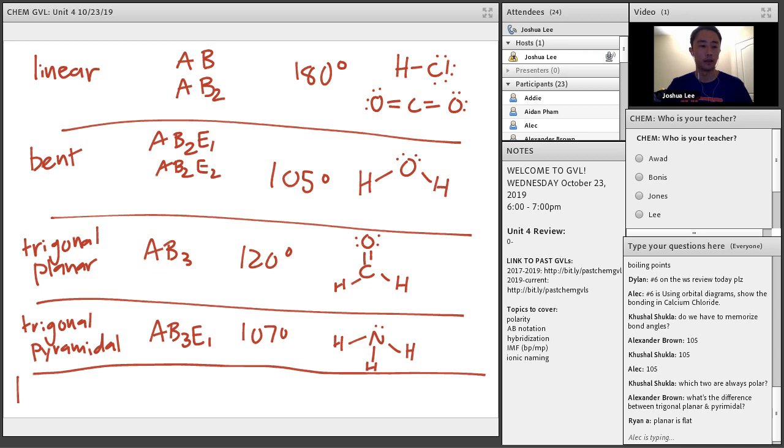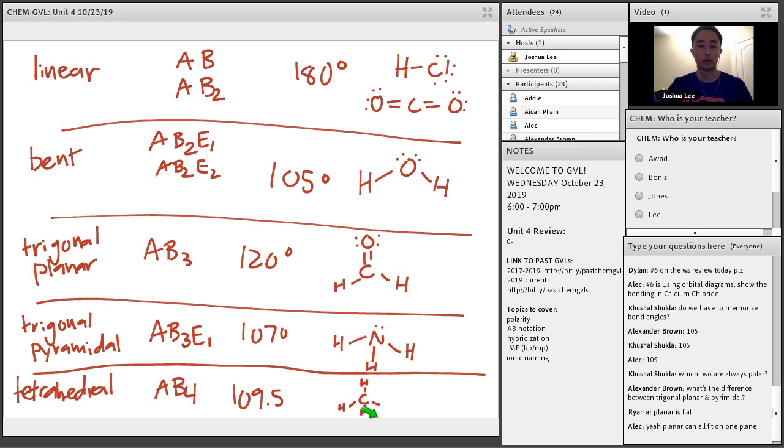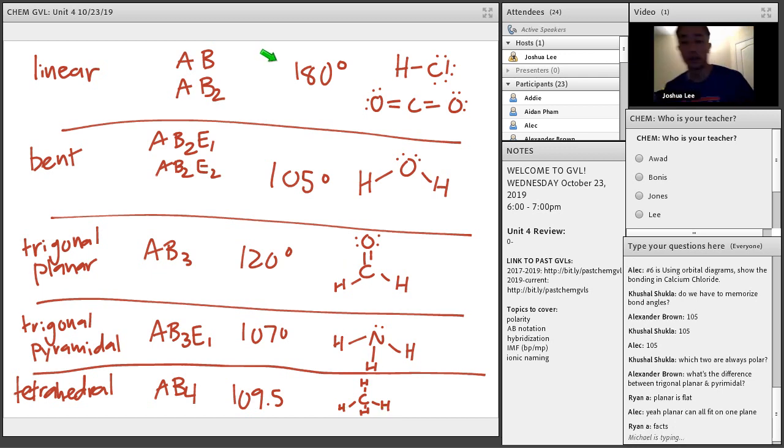And then tetrahedral, that's AB4, 109.5. I ran out of room, but it's like that. So there are 5 different shapes that we've learned about: linear, bent, trigonal planar, trigonal pyramidal, and tetrahedral.